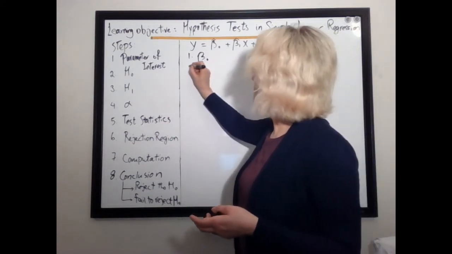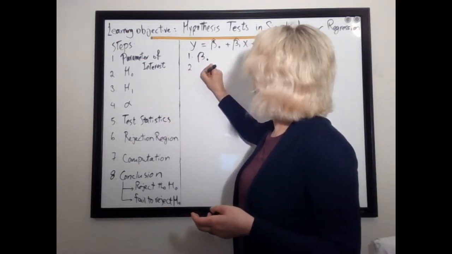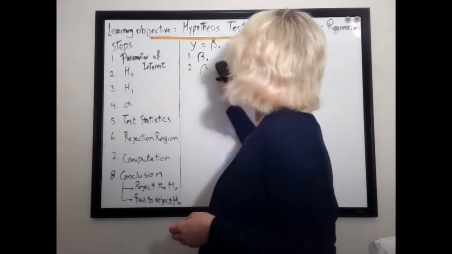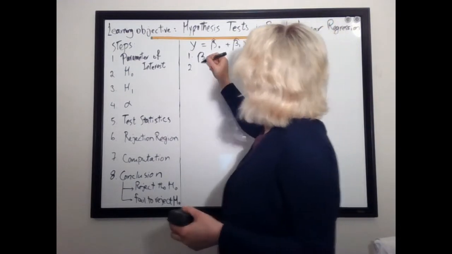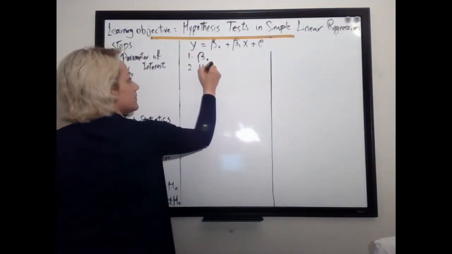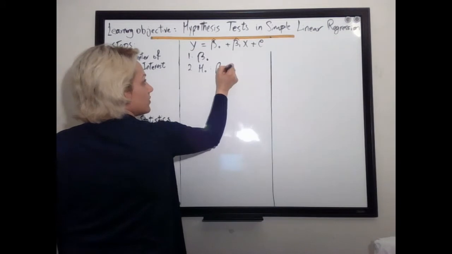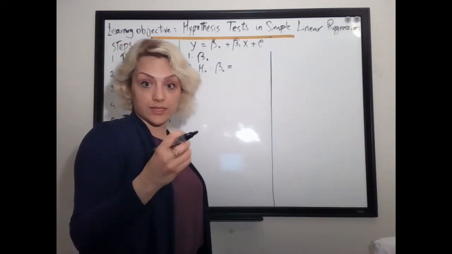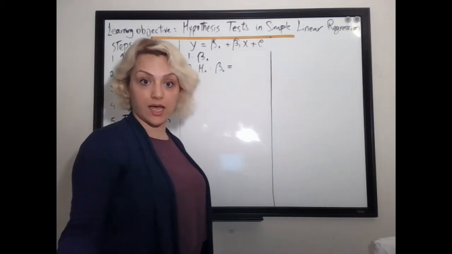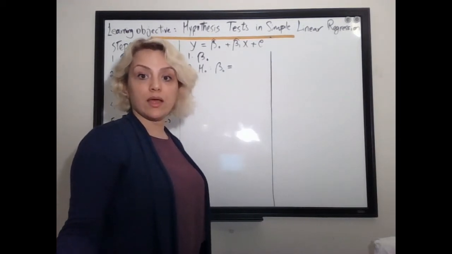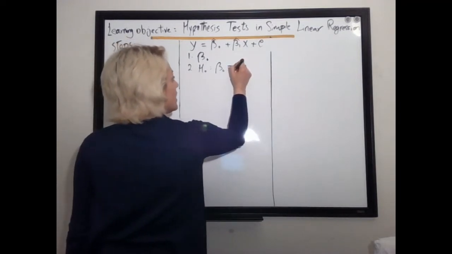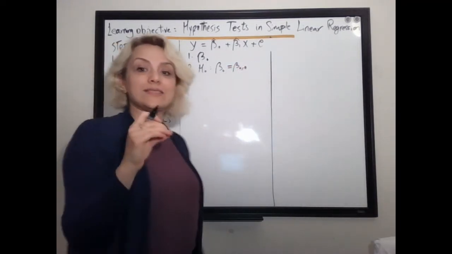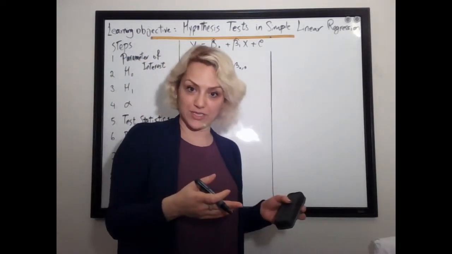So for the second step, the null hypothesis: my beta null is equal to beta null null. We said that for the null hypothesis we have the equality sign, and the second null is whatever you have for your expectation, right?